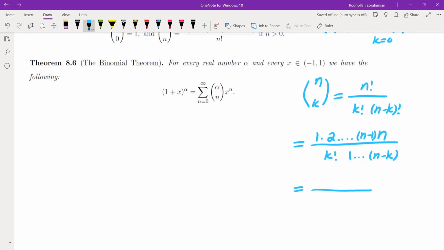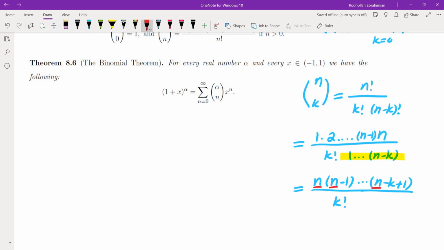Canceling the common terms, we will get k factorial at the bottom, and on top, I will get n times n minus 1 all the way to n minus k plus 1. So that's the numerator.